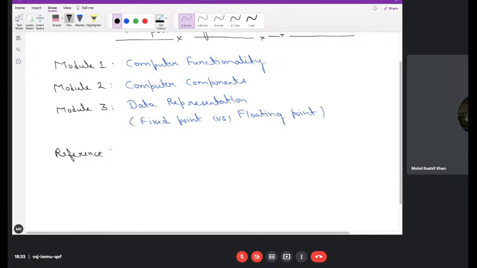Okay, reference books. I'm mentioning here two books. You can use any of them.